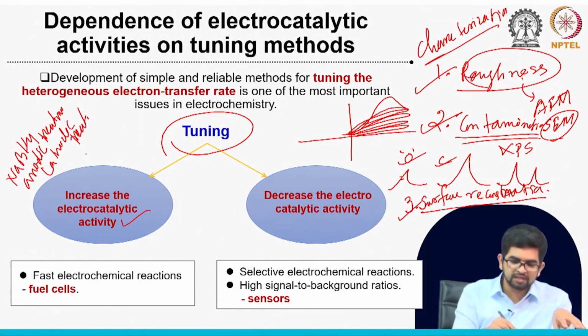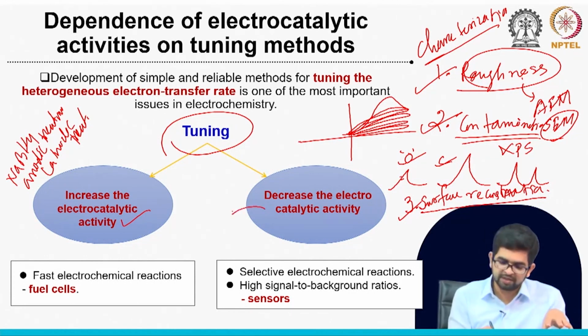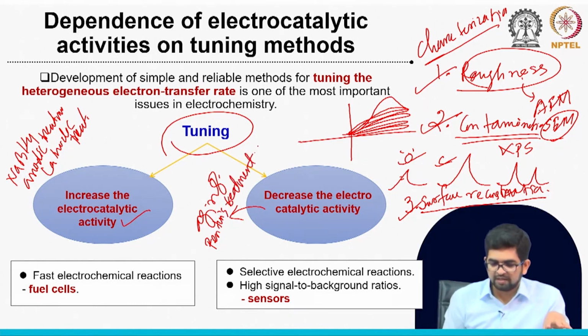These can help increase it. And to decrease electrocatalytic activity you can go for aging, or you can go for phantom treatment, right? Like this way you can decrease the electrocatalytic activity also.